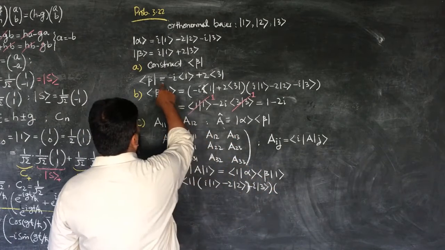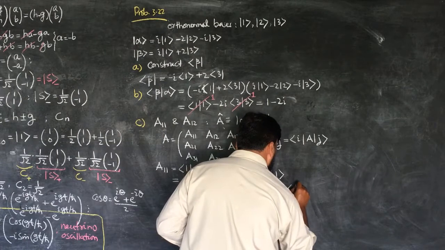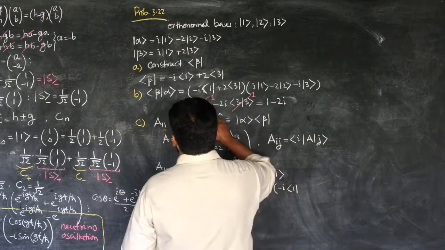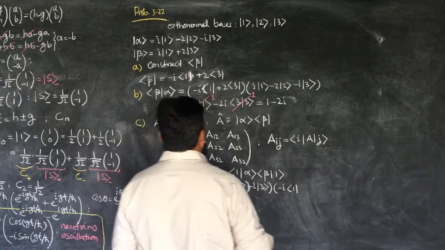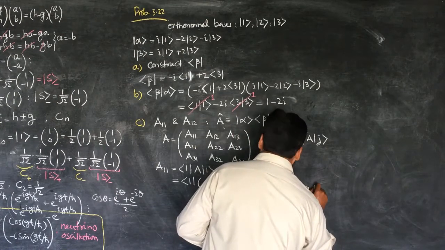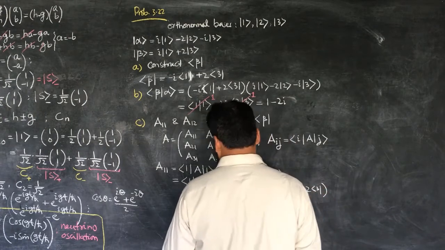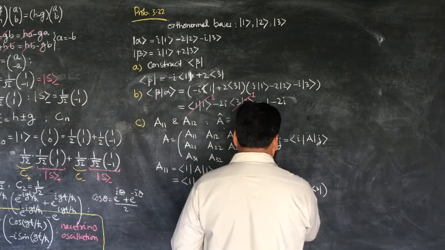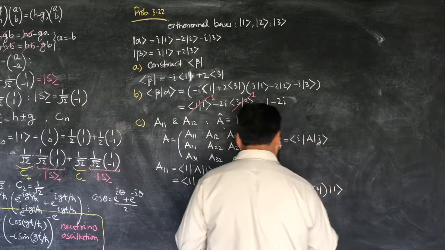Beta here is minus i<1| plus 2<3|, and we are left with |1> here.